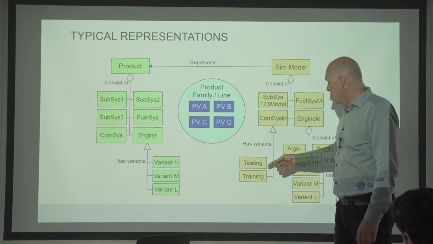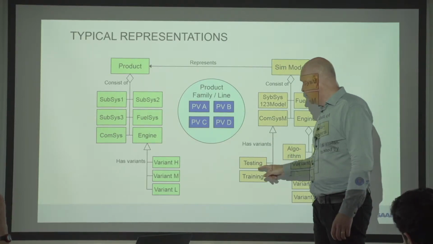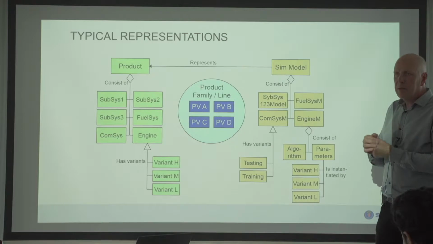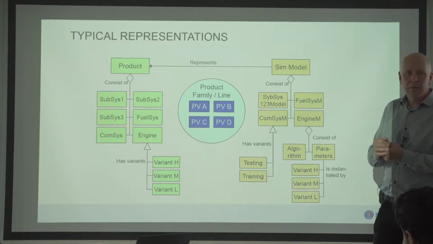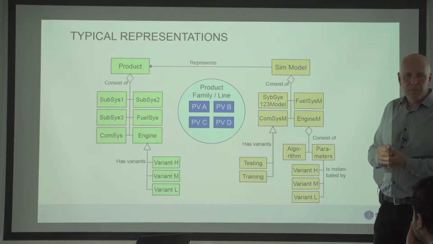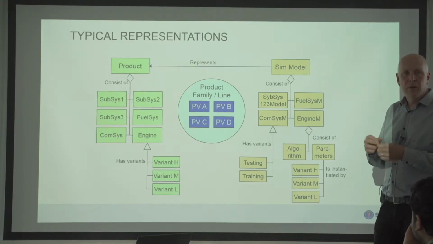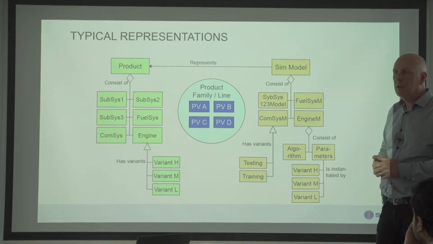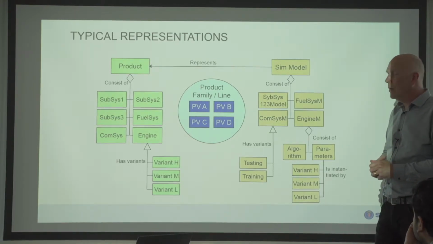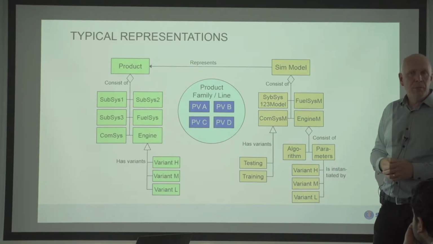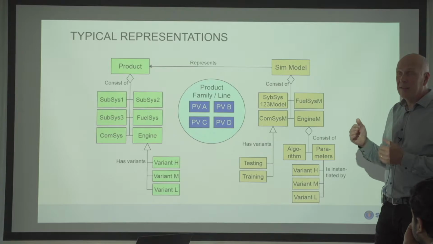Communication system, it has 2 variants, and this is also very typical. And sometimes we need to have variants of the simulation models due to testing or to training, because there are different requirements. If you cannot collect all the requirements and design a model that takes care of all the requirements, we need to have different variants. It could be, for example, the level of details.